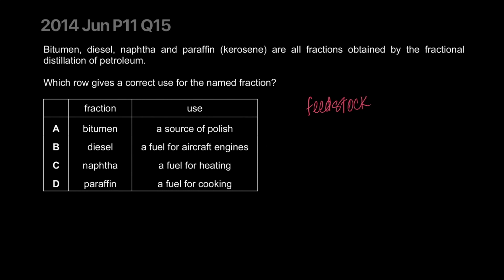Anything that goes to the plastic industry is feedstock for that industry. Paraffin, or kerosene, is used as cooking oil. So our answer over here is D. But this is more of a recollection question. There's one table in every book talking about these things. We just have to familiarize ourselves with them.